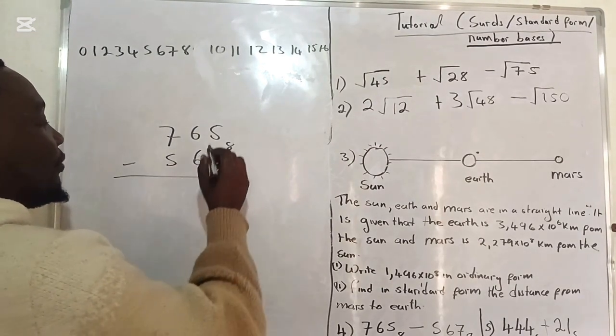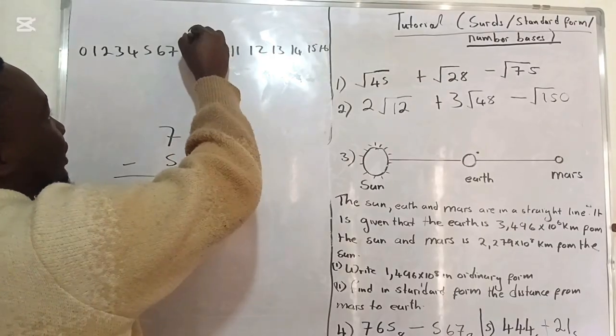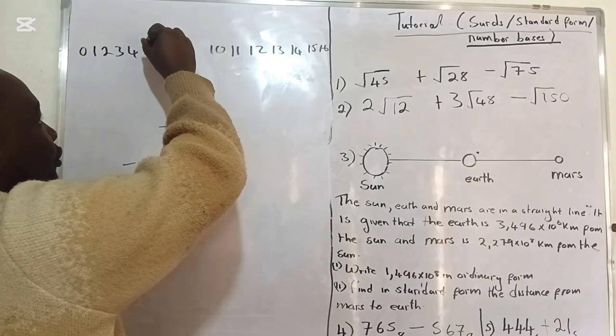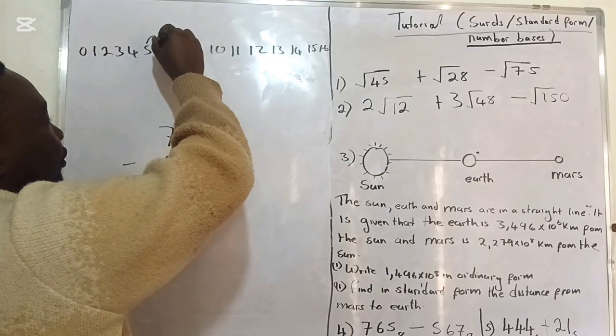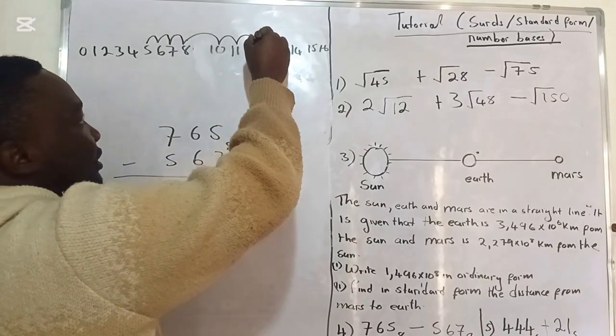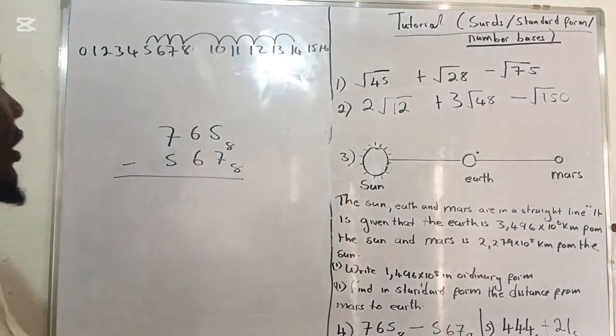So if we borrow an 8, 5 plus the 8 that we have borrowed, we are going to count 8 steps: 1, 2, 3, 4, 5, 6, 7, 8. This is going to be 14.